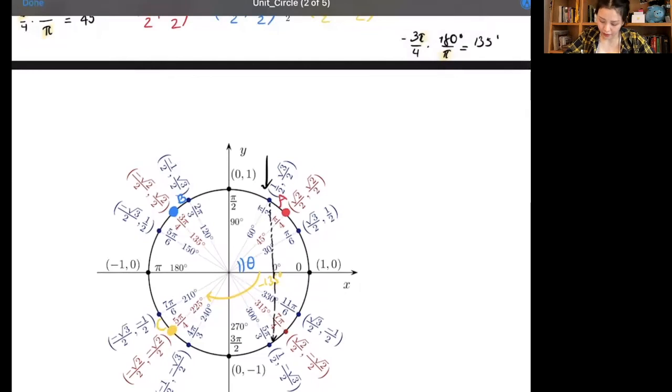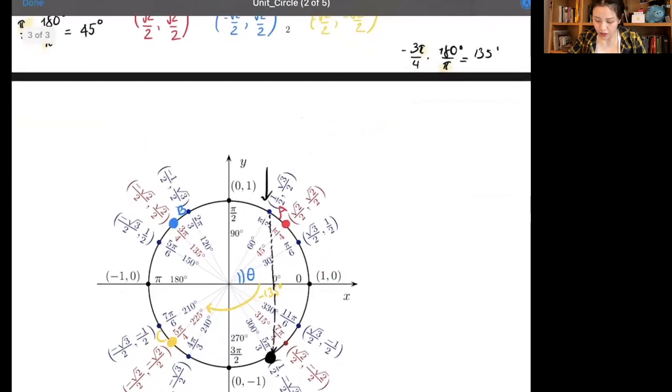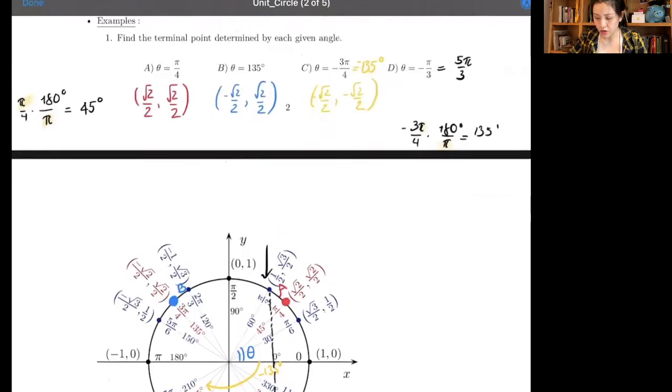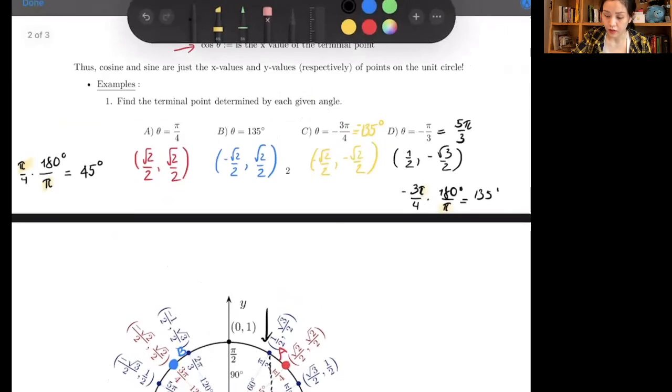That's this one. So this is equivalent to 5 pi over 3, which has x equal to 1/2 and y equal to negative root 3 over 2. That's my terminal point values.